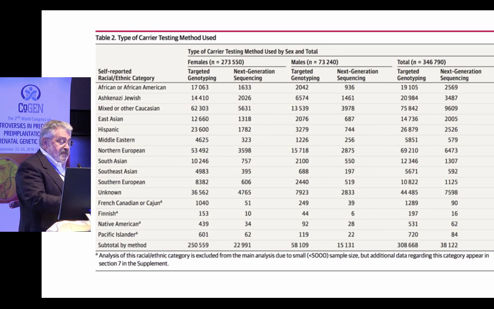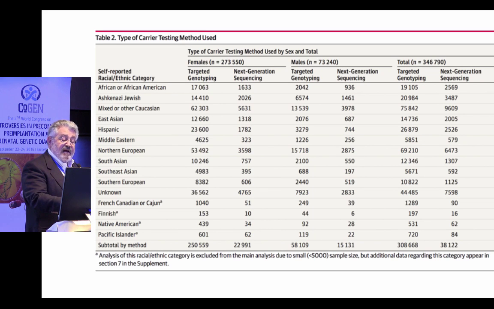And if you look at the bottom line here, and this is a table from the paper, you can see that of the females, about 250,000 were targeted genotyping. Next generation sequencing was about 23,000. Males, 58,000 were targeted genotyping. 15,000 were next gen sequencing.